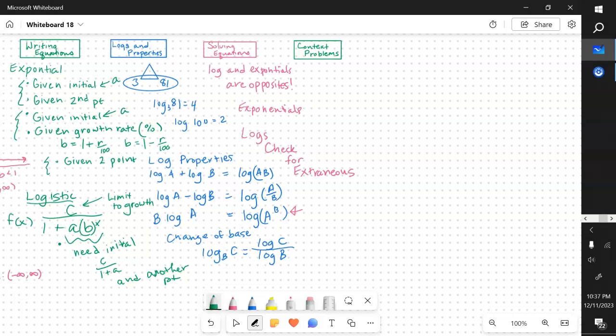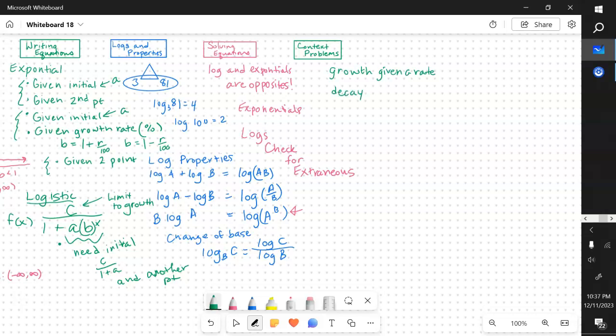Then we did context problems. You should be able to write an equation for exponential growth given a growth rate. You should be able to write an equation for decay given a decay rate.